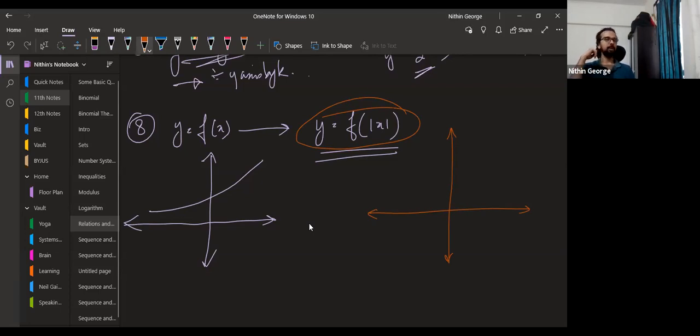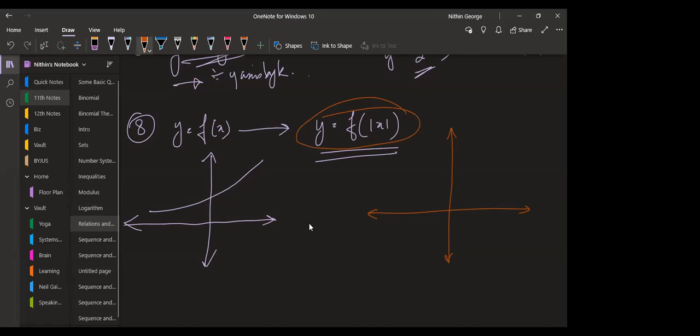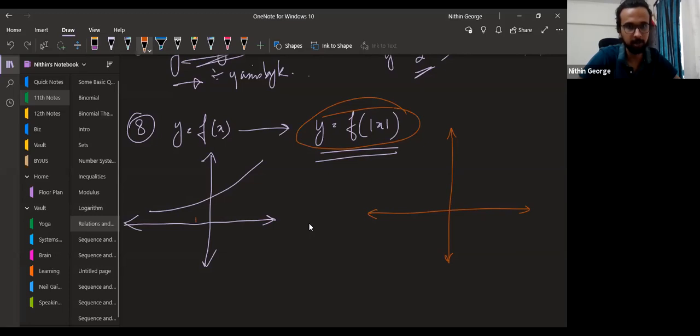Look at the input f is getting. The first case it was x. The second case it was mod x. Basically, the input cannot be negative in the second case. Got that much? If you put x equal to minus 1 here, when I transform it to this side, I will never be getting minus 1 as an input of f because the mod function converts it to plus 1.